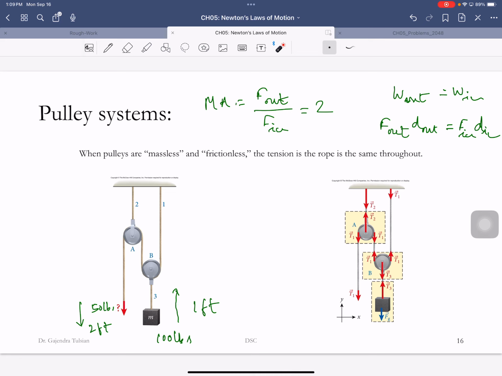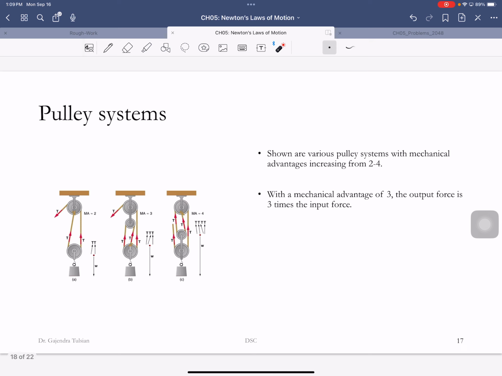Here's another simple machine whose mechanical advantage is also 2. All you have to do is count the vertical strings that go up: 1, 2. This has a mechanical advantage of 3: 1, 2, 3.